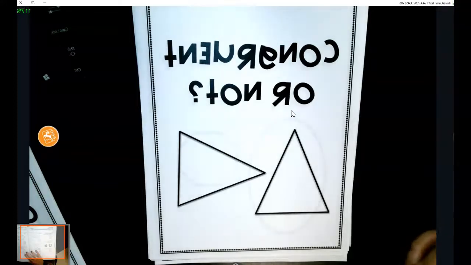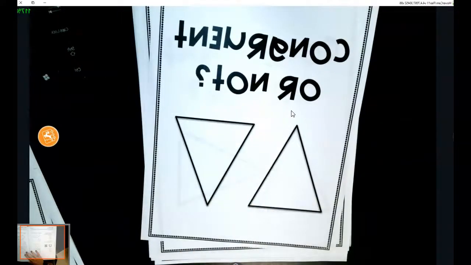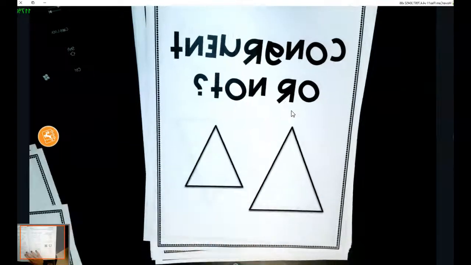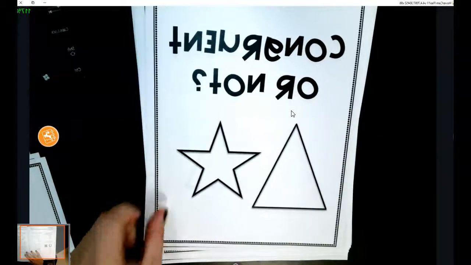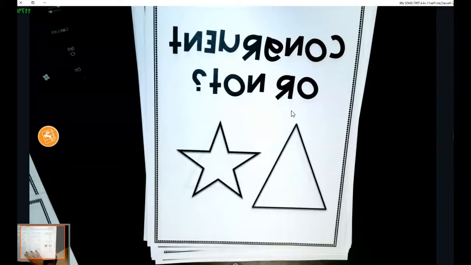One is just turned a different way. Oops. So yes, those are congruent. Yes, good. No, good. There's one smaller than the other, so they're not congruent. No. Star is different shape.